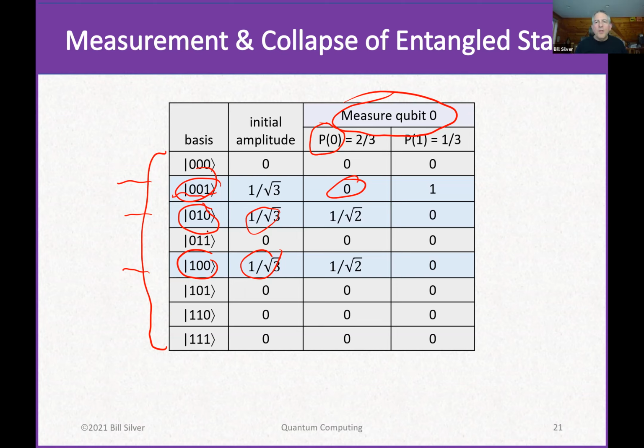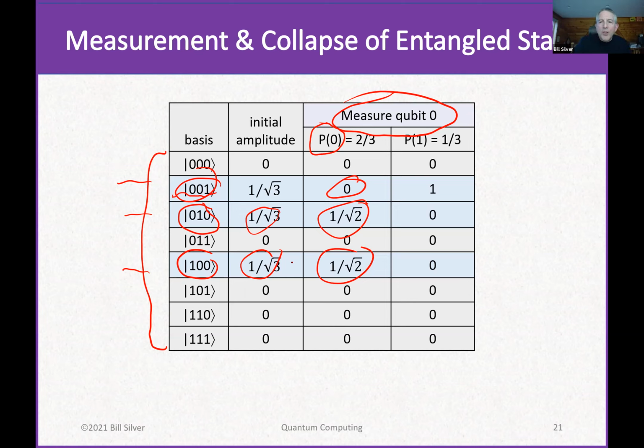You can measure it a million times after that, and you will always get a 0 because that's the state that it is now in. But the other 2 bits, the ones that I didn't measure, bit 1 and bit 2, are still entangled, and they now have equal probability 1 over the square root of 2. So that's one possible outcome of measuring qubit 0.